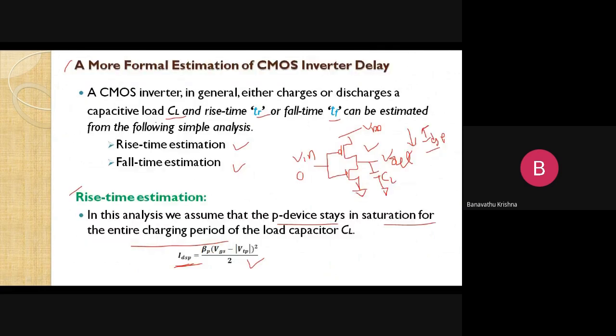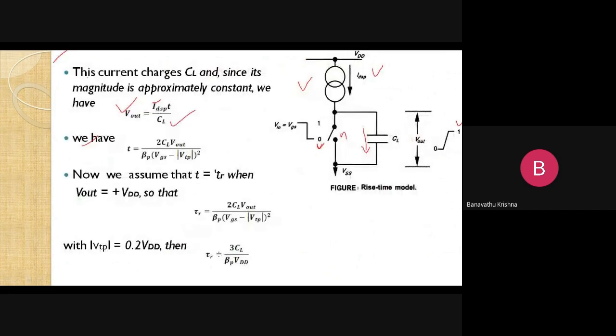You know that IDSP is beta P of (VGS minus VTP) whole square by 2. Substituting, V out equals beta P of (VGS minus VTP) whole square by 2 times T by CL. So this equation changes like this: T, the time taken to charge, equals 2 CL V out by beta P of (VGS minus VT) whole square, right?